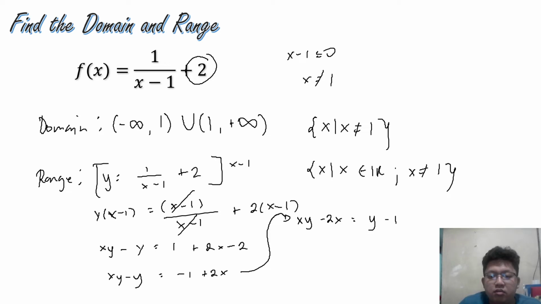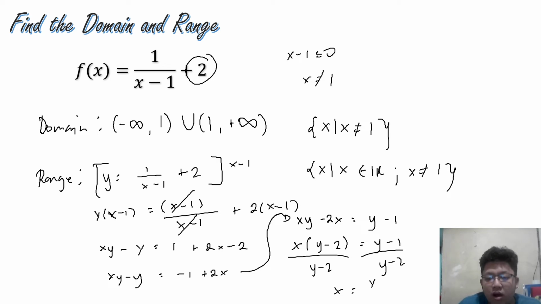So, y minus 1. Then we simply use common monomial factoring here: take out x, and leave y minus 2, equal to y minus 1. Then divide both sides by y minus 2, so that now we have x equals y minus 1 over y minus 2.